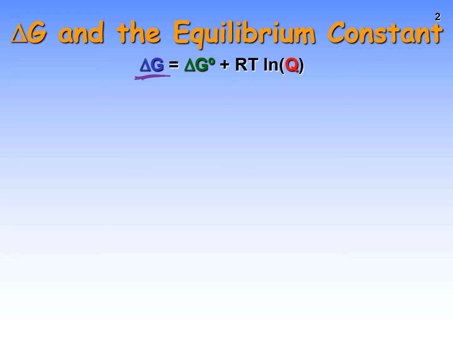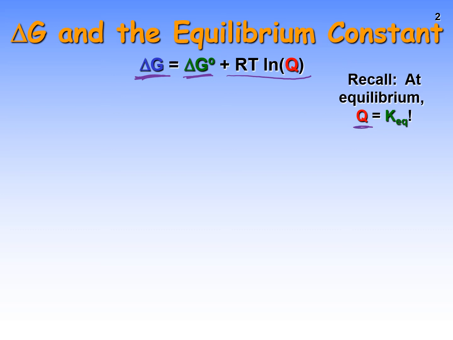We know delta G is equal to delta G naught plus RT ln of Q. But at equilibrium, we know that Q is equal to KEQ. That is something that we learned about in chapter 14, and we talked about it in chapter 16 as well, with KSP being equal to QSP. That's when we have a saturated solution, or in other words, when we're at equilibrium.